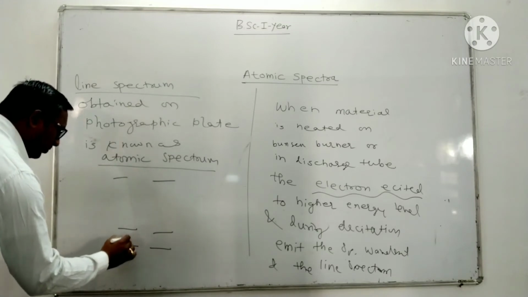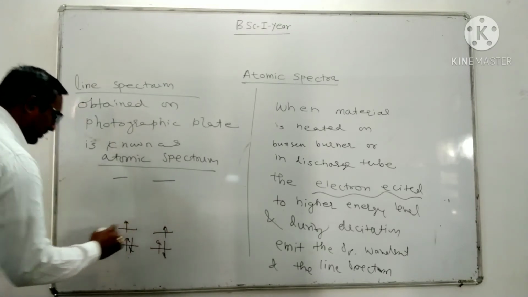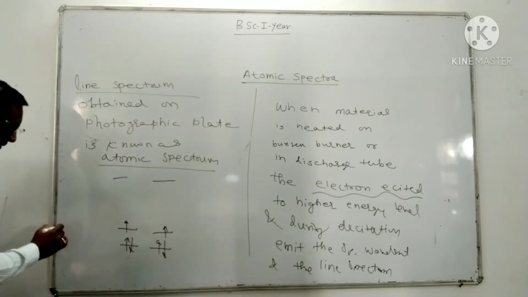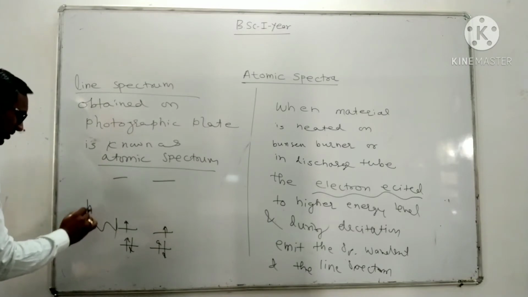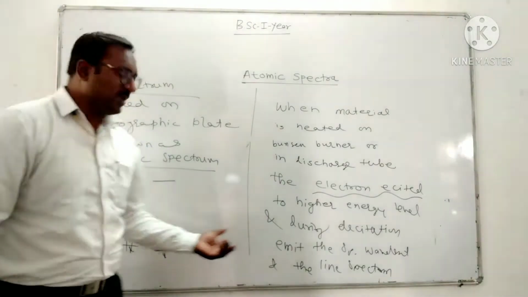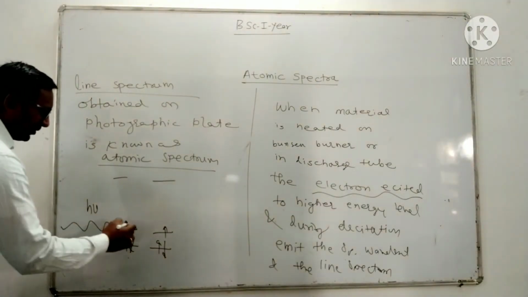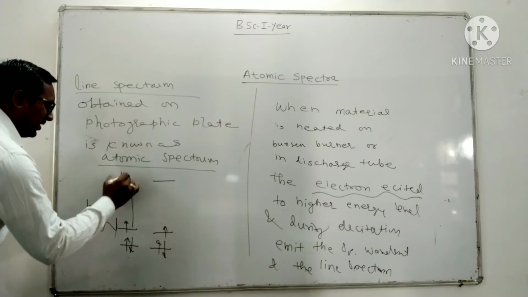Suppose electrons are here at the ground state and we provide some amount of energy, electromagnetic radiation or some photon, or some heat energy, to that electron. The electron absorbs that energy and goes to a higher excited state.